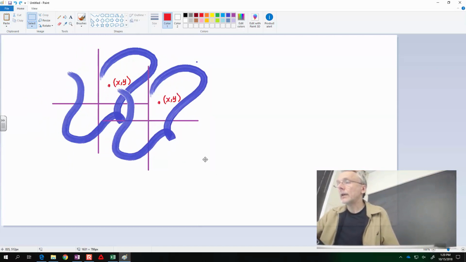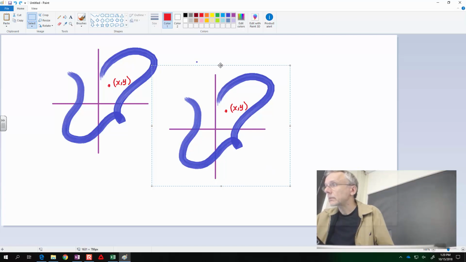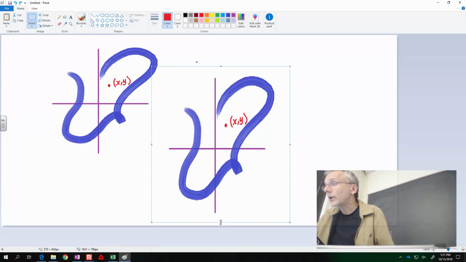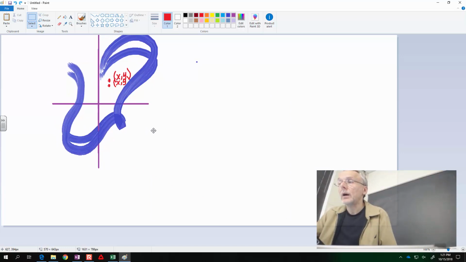Let me go back. Okay, so that's the original one, and I'll stretch it. There is an operation. So let me try to double it. It doesn't really matter what the exact number is. Okay, here it is. I'm stretching, and it is stretched. Now I try to place it in the same spot, keeping the x-axis intact.